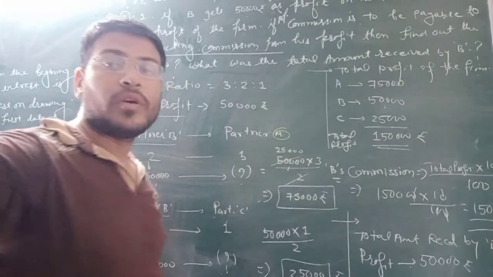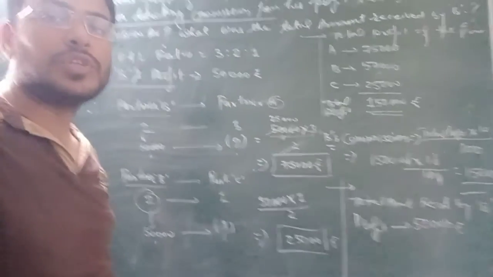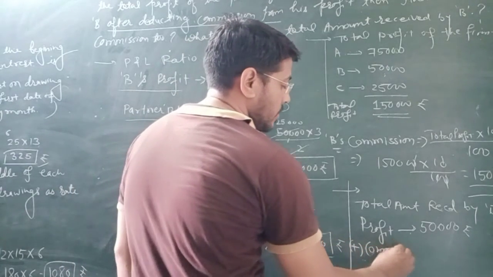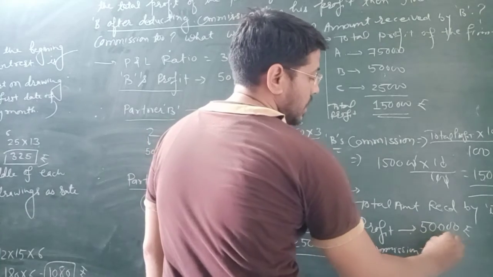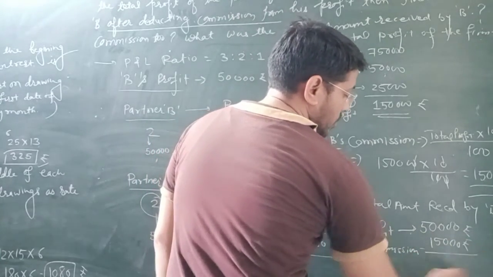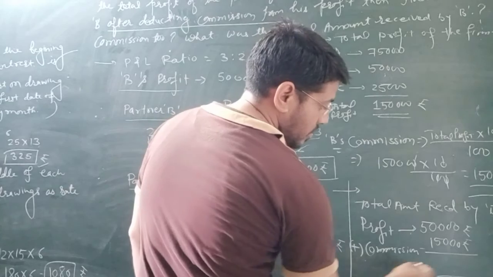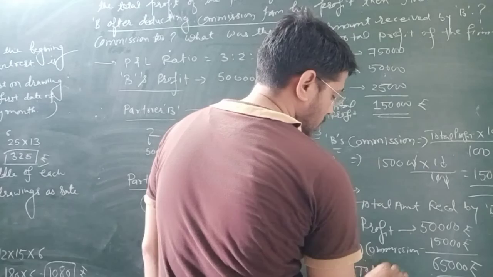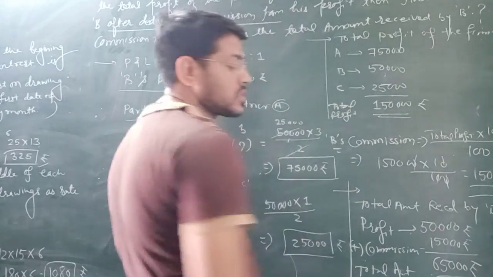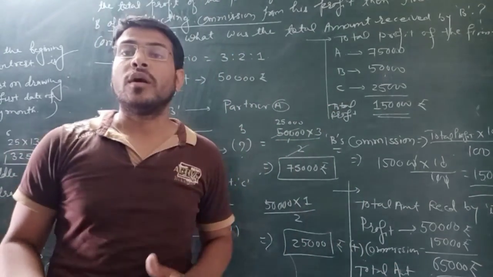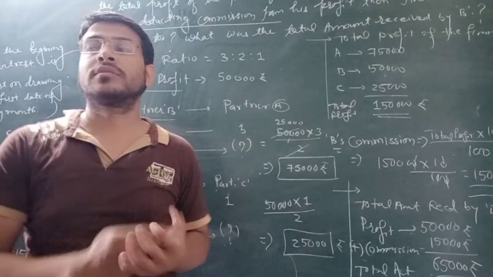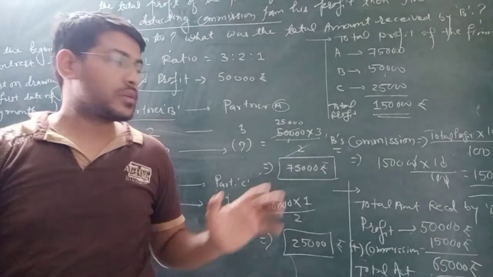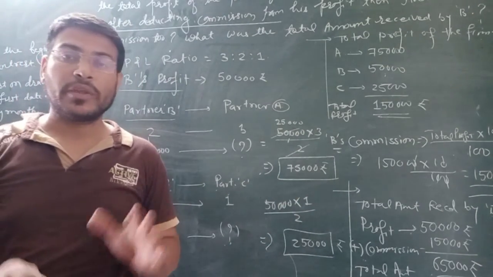And after getting profit he was also able to get commission. The commission was 15,000 rupees. So now we can say that partner B got a total of 65,000 rupees as profit plus commission from the partnership firm. Right? This is the question that you have to understand.